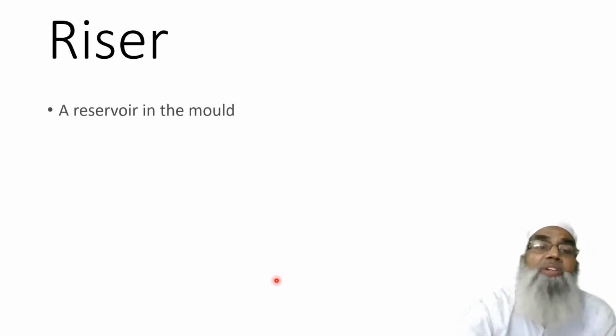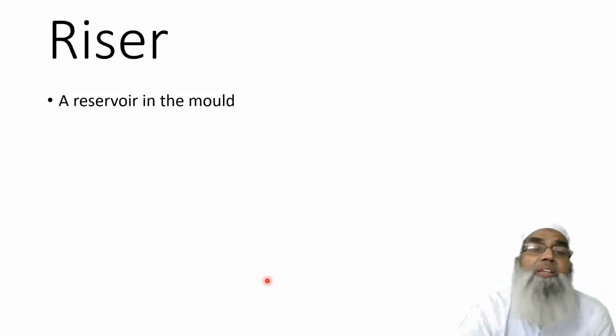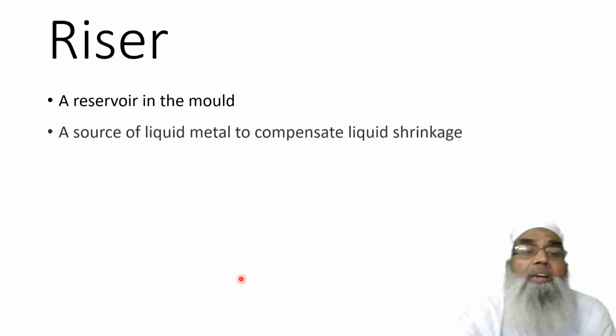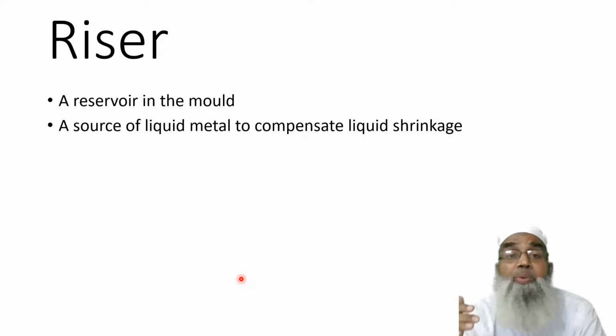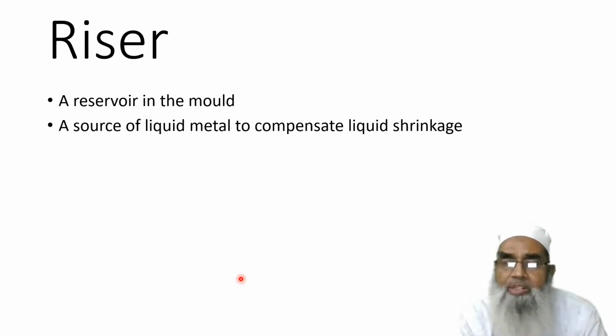Now, what is a riser? A riser is a reservoir in the mold and a source of liquid metal to compensate liquid shrinkage. What happens is that the molten metal is poured in the cavity at a superheat above the solidification temperature.